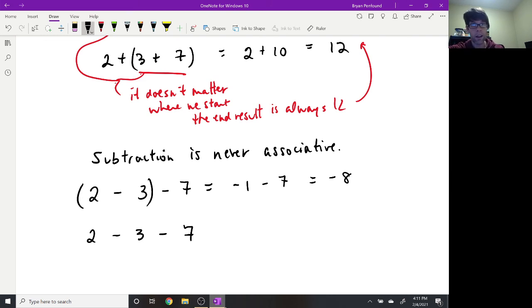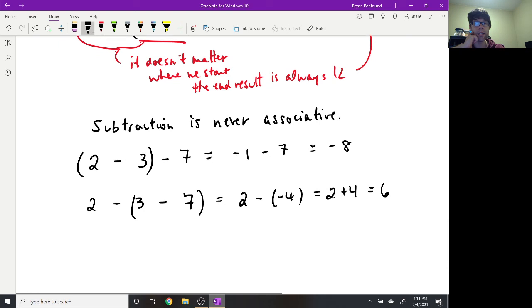Now, the other way we could jump into this particular problem is to think about the second pair of numbers, which would be 3 minus 7, in which case we're going to get 2 minus negative 4. And 2 take away negative 4 is actually like 2 plus 4, which would be equal to 6.